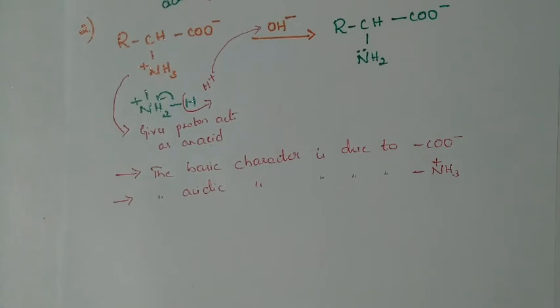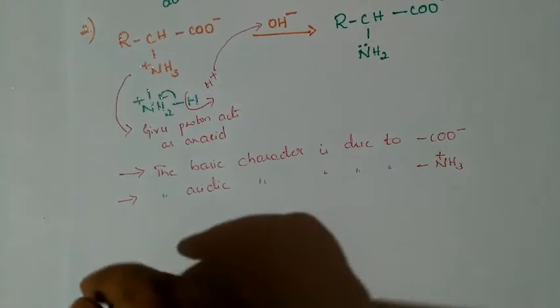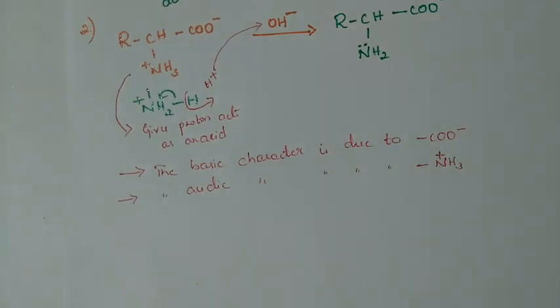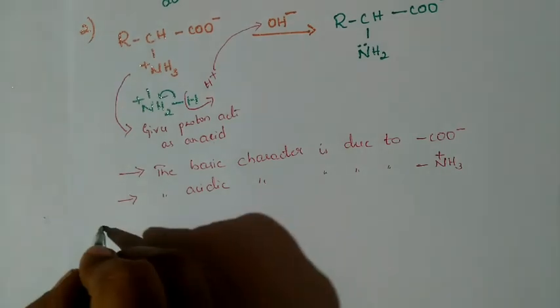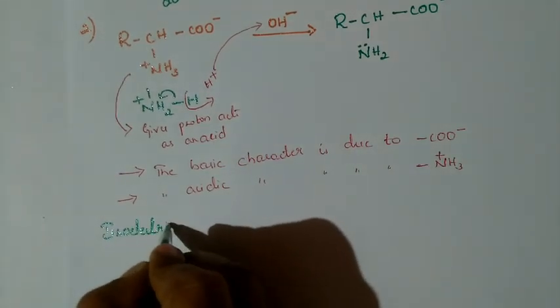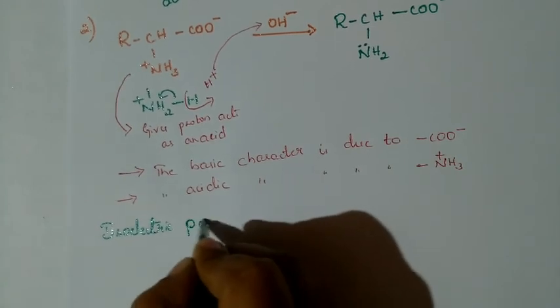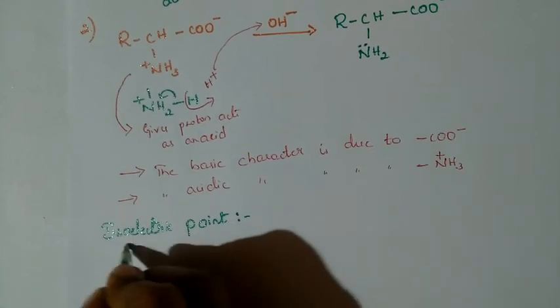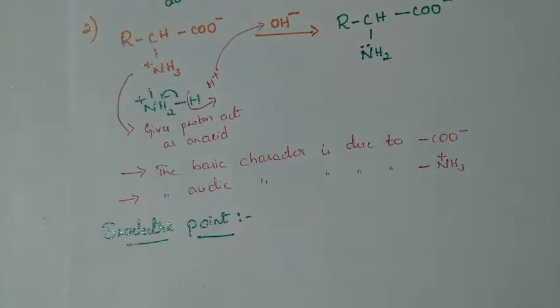Next, we have discussed Zwitter ion formation, and based upon that, we have the isoelectric point. What is this isoelectric point? We shall discuss.